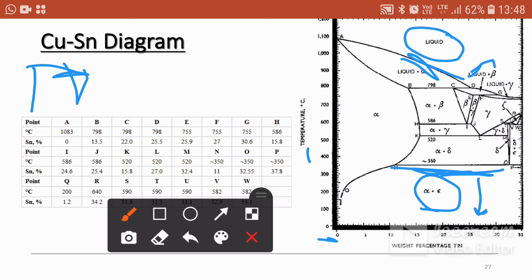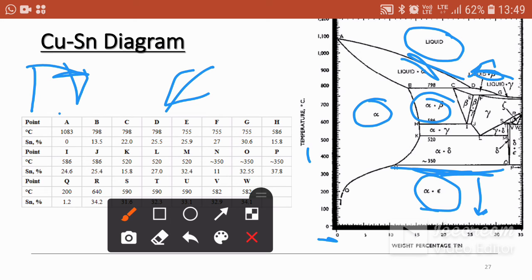This is the copper tin diagram. Here you can see the alpha phase, here liquid plus beta, and alpha plus beta. So these are the phase distributions of the copper tin diagram. You need to remember this diagram.